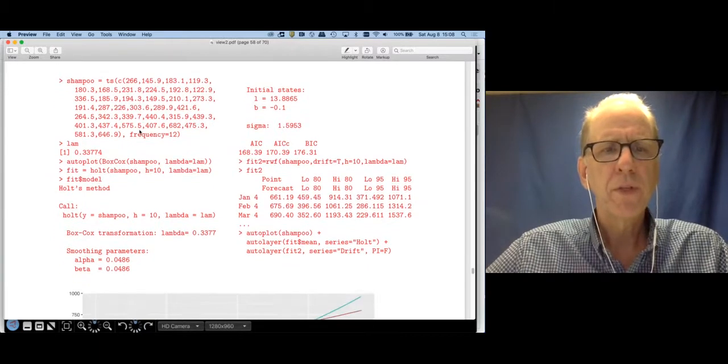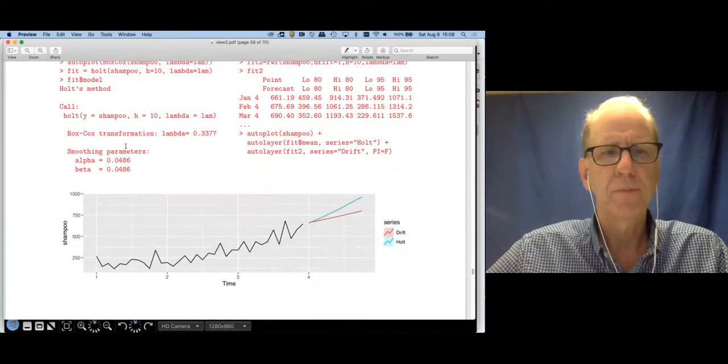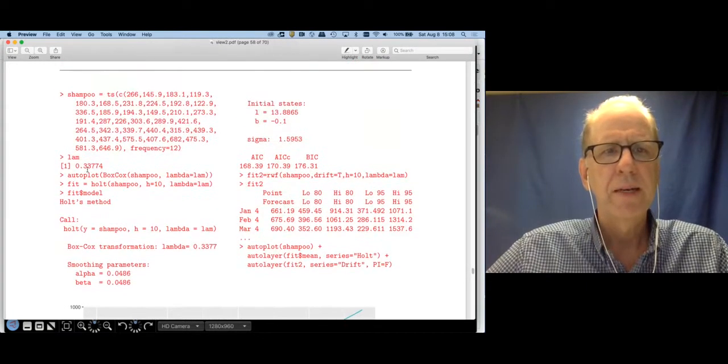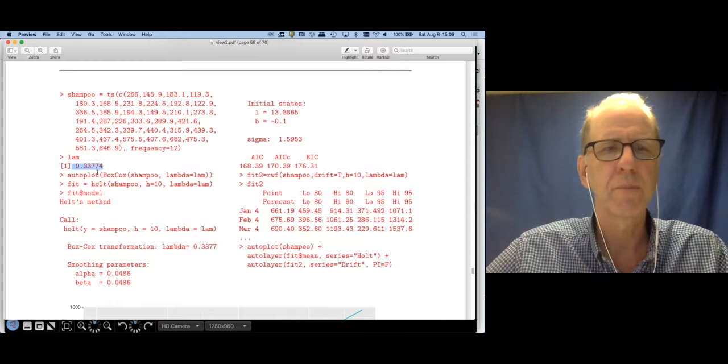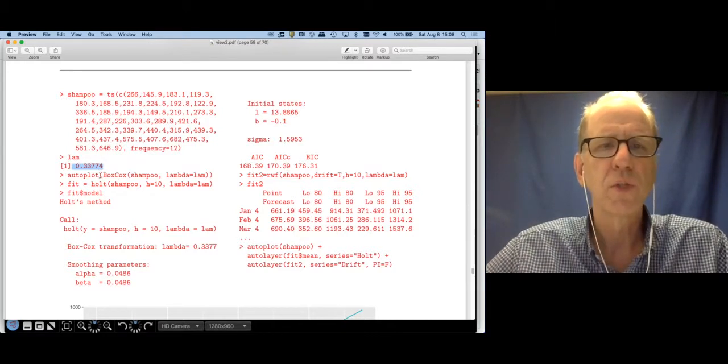The first thing that I see when I look at the data, so here's the data set, is we actually need a little bit of a Box-Cox transformation. It doesn't quite require a log, but this lambda was computed with the BoxCox.lambda function. So I'm just going to use that throughout the example.